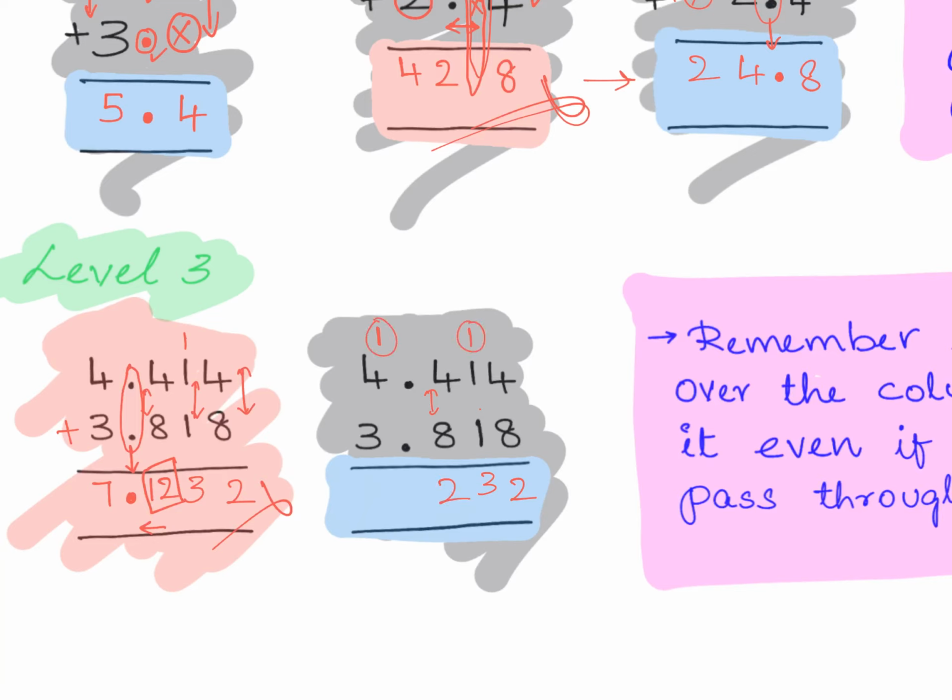These are the carries. And 4 plus 3 is 7, and above here 1. So 7 plus 1, 8. So where do we need to keep the point or the dot? In the same vertical line. So the answer is 8.232. It is not 7.1232.